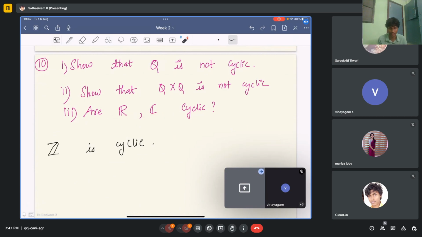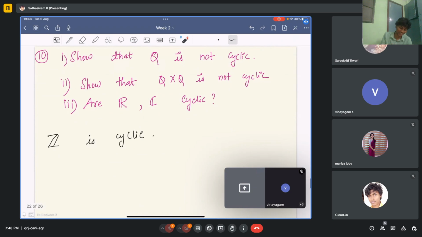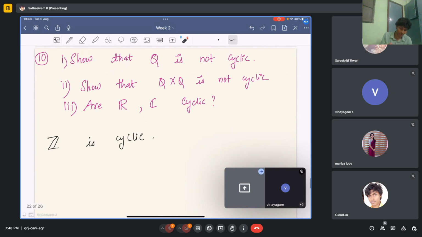So these are all questions one can directly ask. Our idea is to prove whether they are cyclic or not. So the first thing is at least to say that Q is not cyclic. So let's prove it. Probably this is the most interesting problem in this entire tutorial, at least that much I can say.